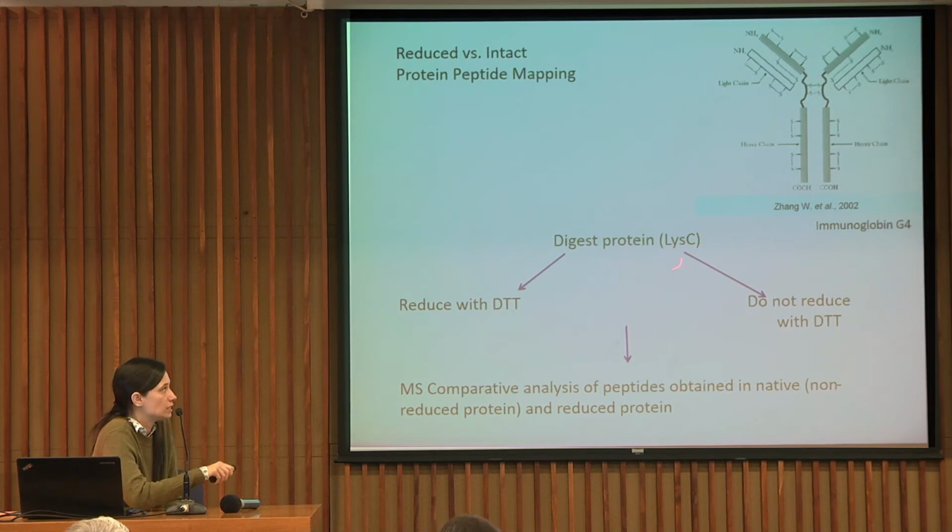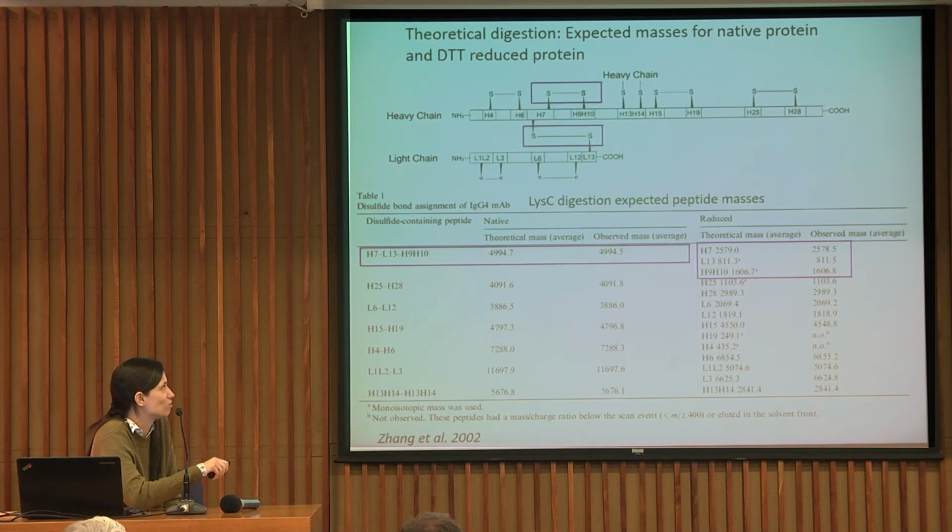So you can digest this protein with an enzyme, in this case Lys-C, which cuts at the C terminus of lysine. You take an aliquot and reduce it with DTT, and a different aliquot you do not reduce with DTT. So you compare the peptides obtained from the native digested protein and the reduced digested protein.